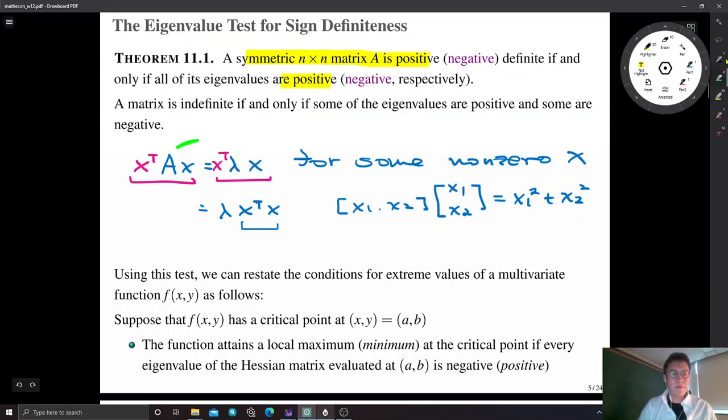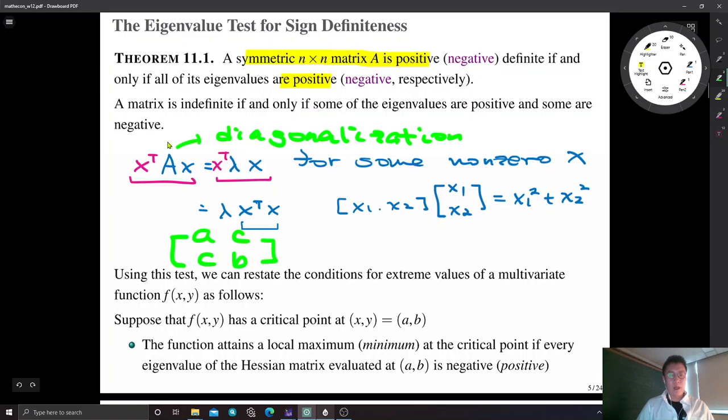So there is a very nice technique in linear algebra to diagonalize a given matrix. So the given matrix was just A, C, and C, B. And we can convert this into some diagonal matrix.